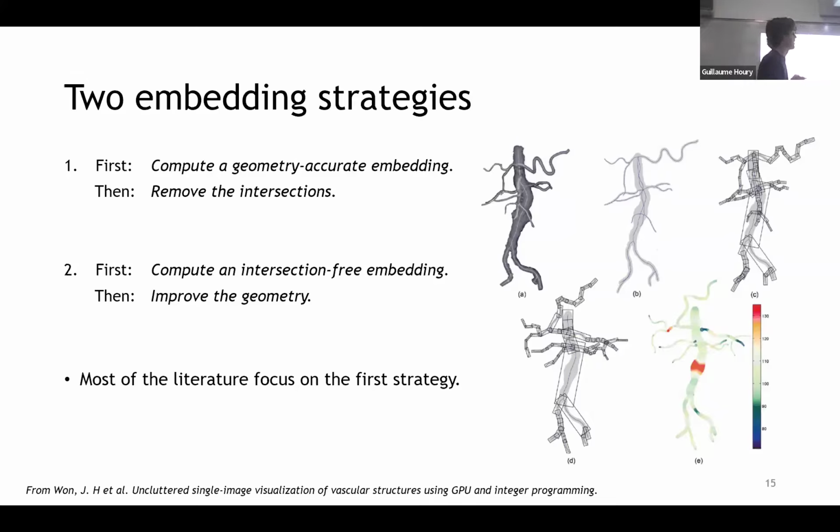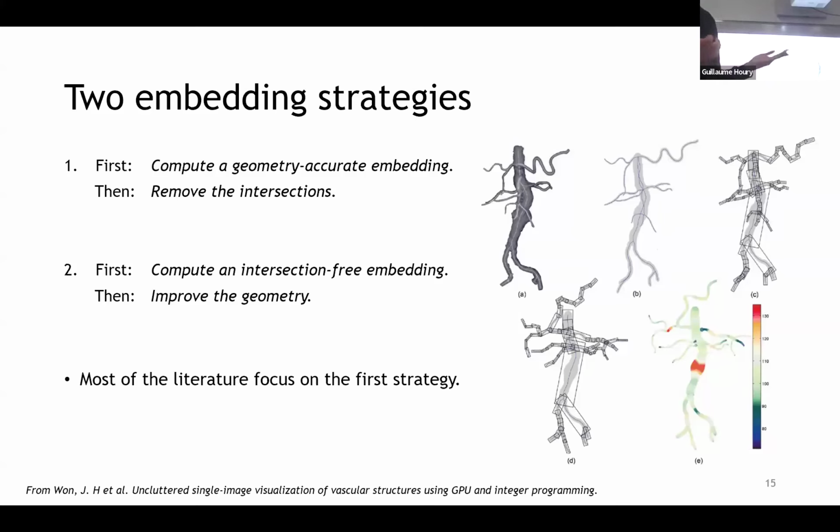The authors apply some combination of linear projections in order to get a first 2D embedding that may contain intersections. And then, by using some kind of bounding box technique, they adjust the position of each vessel in order to remove the intersections, giving something like this as output.